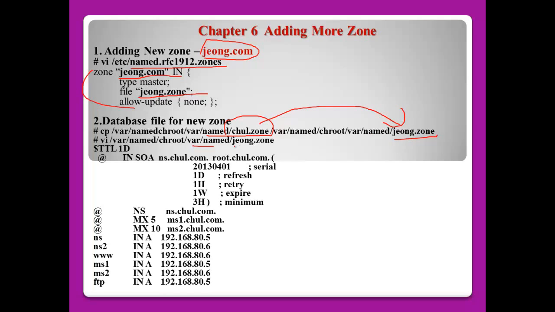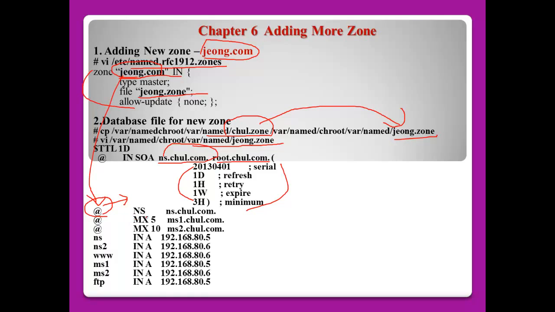After that, open this file only. Normally it's the same. Here in my case, ns.chol.com is the name server for this domain, and the email address. This one is a kind of resource record with the default setting. And here the at sign means jong.com.